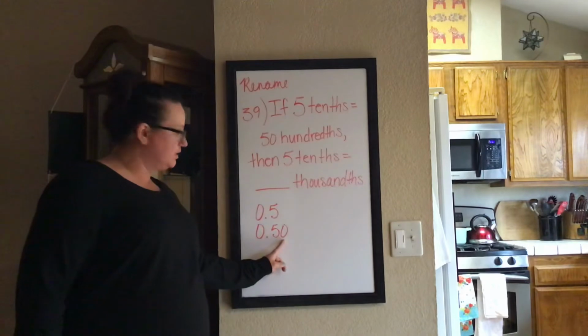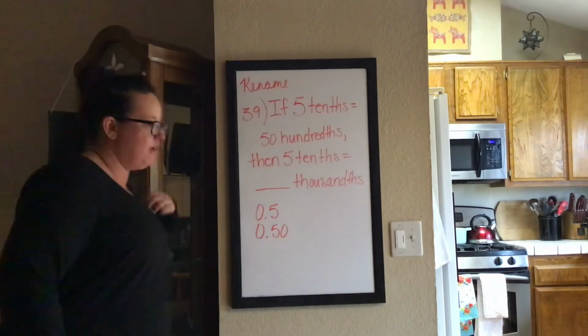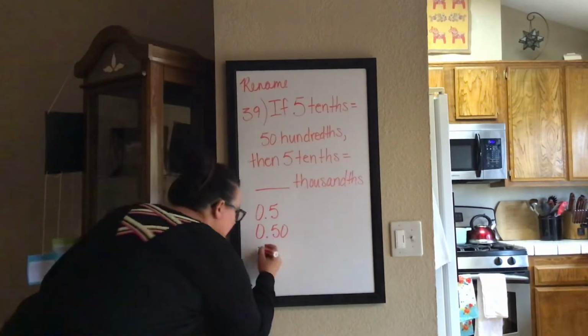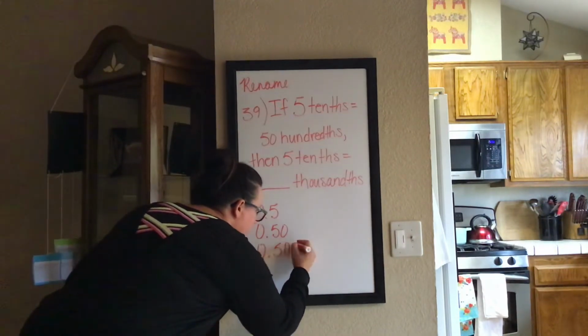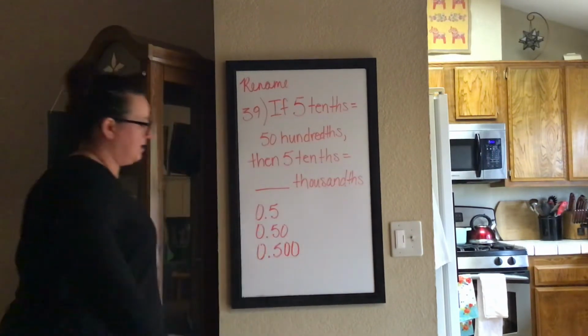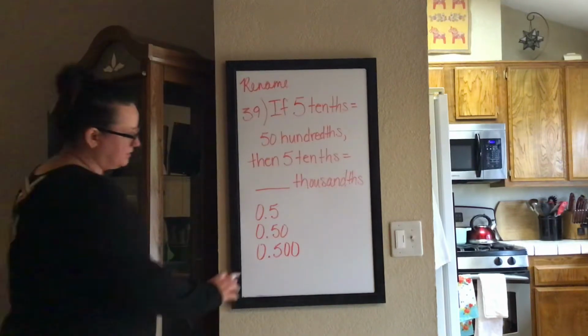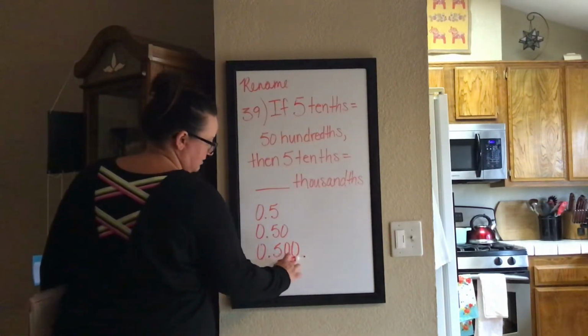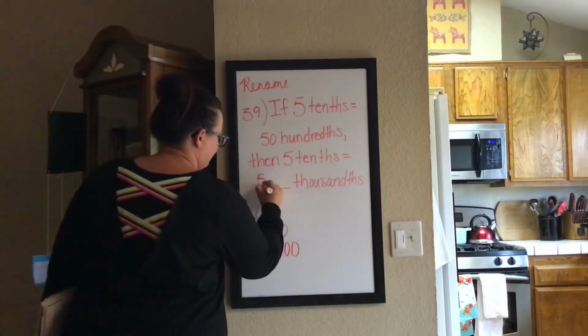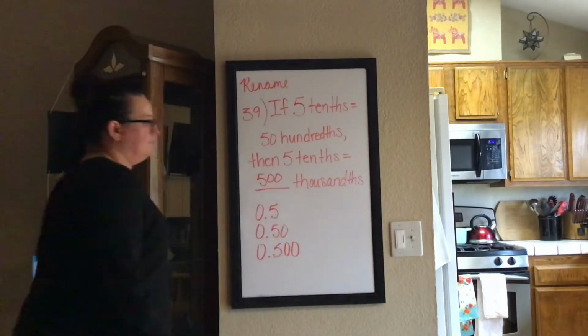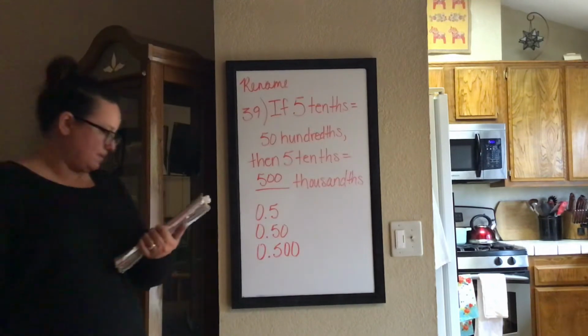See how now I'm in the hundredths, but I just added a 0? So, if I kept the 5 in the same spot, and now I want thousandths, how many thousandths? Am I in the thousand spot? Yes, 10 hundred thousandths. How many thousandths do I have? I have 500. Boom. Not too bad.